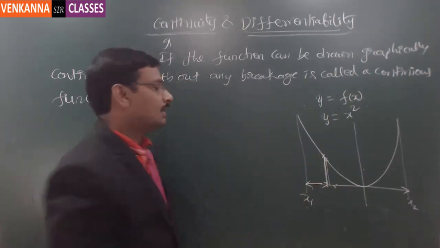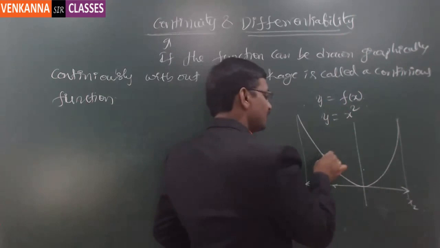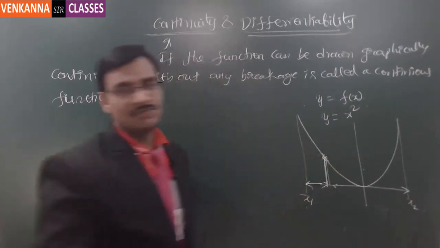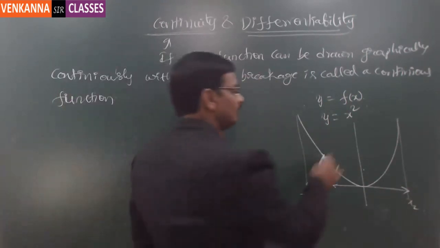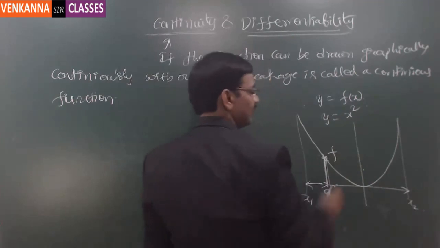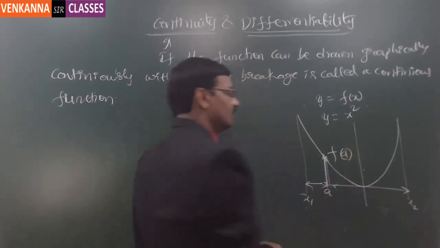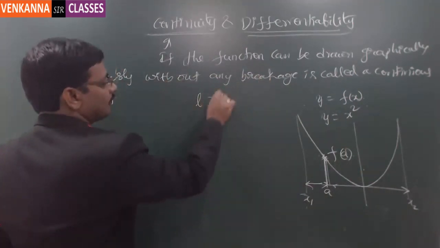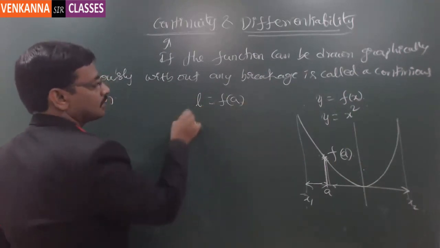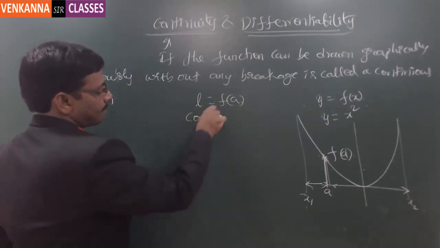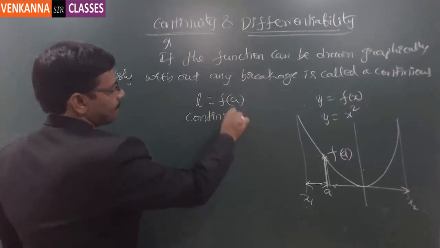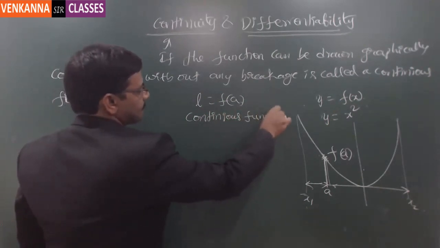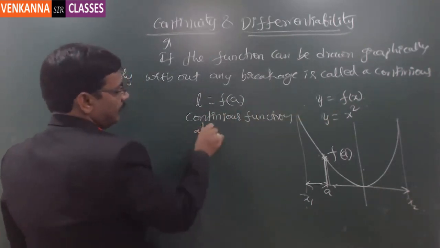Got it? And then correspondingly, the function also has to have a certain value there. If this point is a, then the function value is f of a. So if the limit is equal to f of a, then the function is continuous at x equal to a.